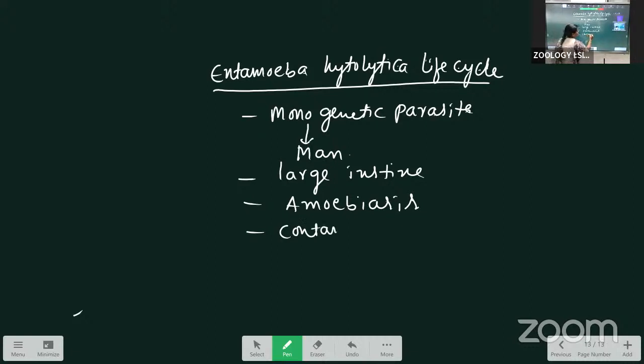This was the introduction of Entamoeba histolytica. In the life cycle of Entamoeba histolytica, three main stages are there. The mainly distinctive phases are three. What are they? We discuss.